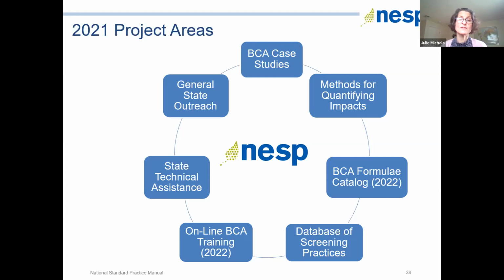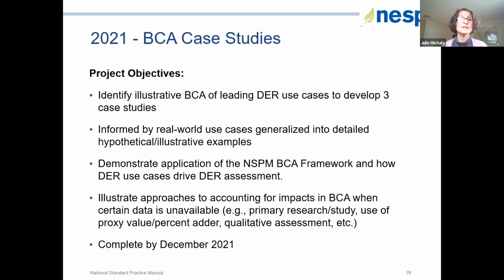My colleague Shayna Fiddler manages this effort, and it basically documents all the cost effectiveness practices and links to the relevant policies and resources for different states around energy efficiency. And lastly, but not least, is this work on the BCA case studies. I'm going to hand it back to Kate because SEPA is leading this work along with ICF to develop these case studies.